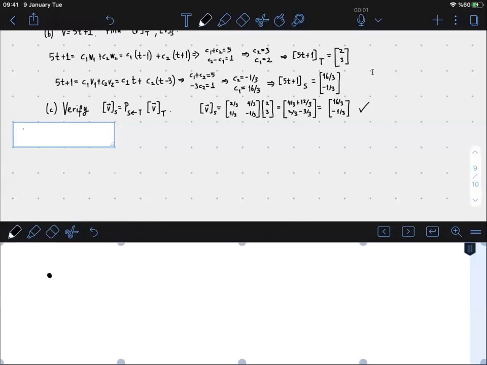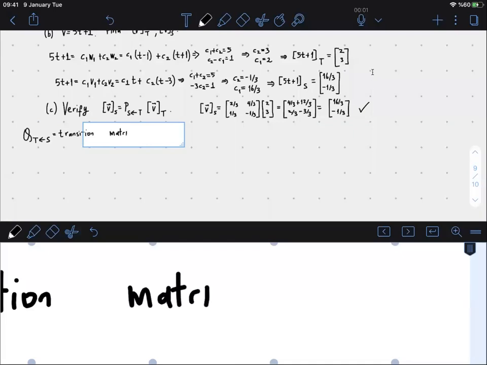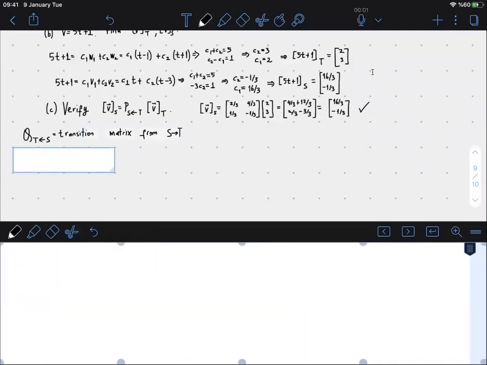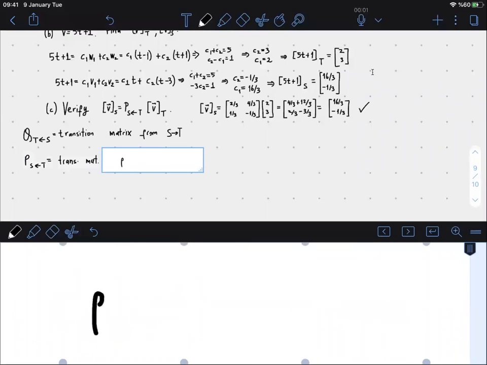So let's give this a name Q. The transition matrix from S to T. Okay, let's call this transition matrix from S to T Q, and let P be the transition matrix from T to S. Now the relation between these two guys is really, one is the inverse of the other.